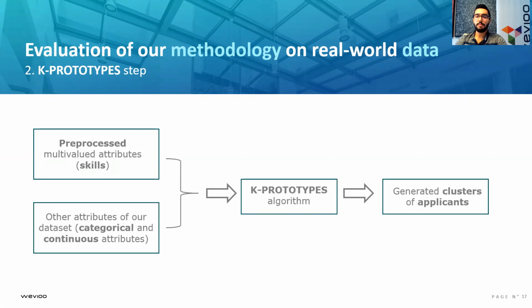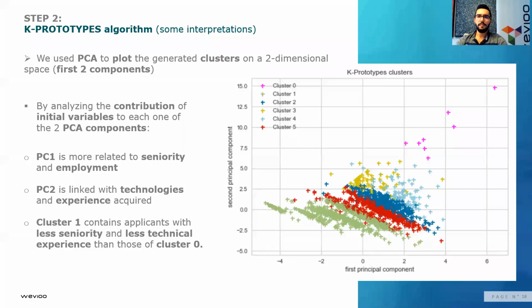Next, we use our preprocessed attribute along with our categorical and continuous variables from the initial dataset. We passed them to a k-prototypes algorithm and generated clusters of applicants. To be able to visualize and interpret our k-prototypes clusters, we implemented PCA and used the first two components to make a plot of our clusters.